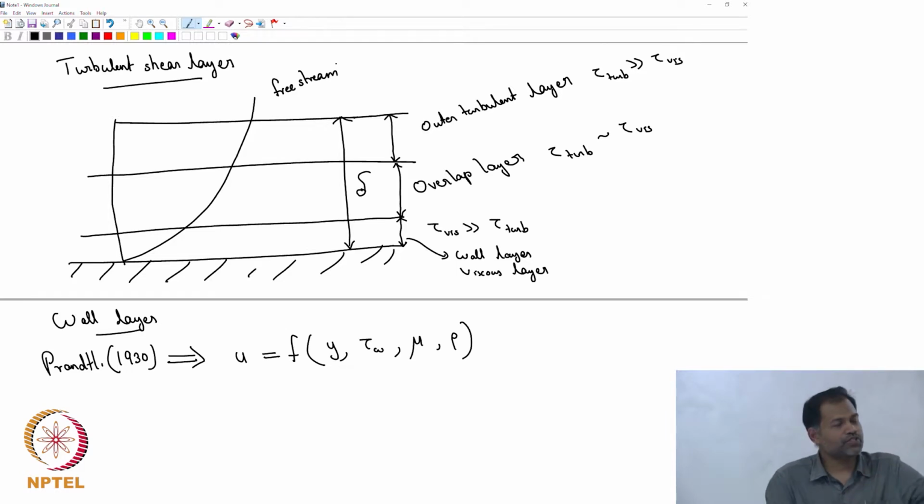For example, if it was a uniform flow that's coming, we would say that free stream is basically uniform. It will not see the wall. But in the outer turbulent layer, you will still see the wall because that's a region where things are changing from the overlap to the completely uniform regime. So there will be some region where we could expect that the turbulent stresses are much larger, but still it is affected by the wall.